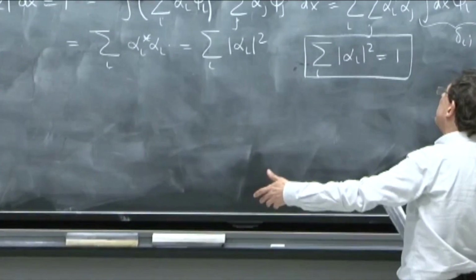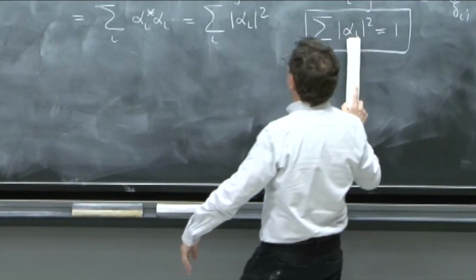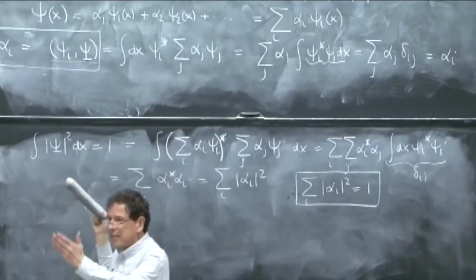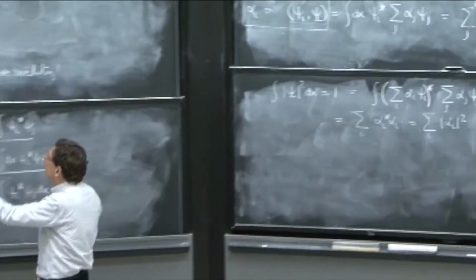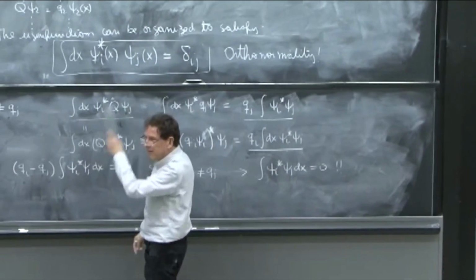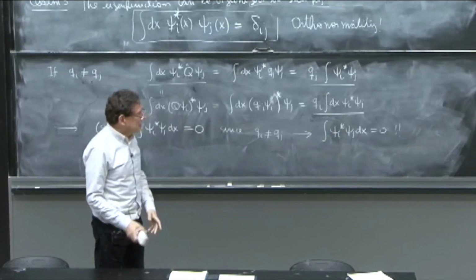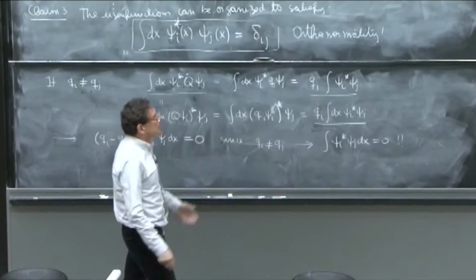The normalization is computed by summing the squares of each coefficient. The mixings don't exist because there are no mixings here. Everything is separate, everything is unmixed, everything is nice.